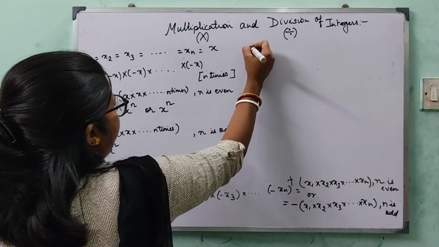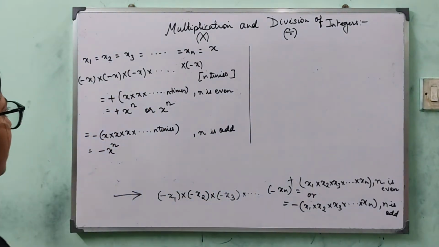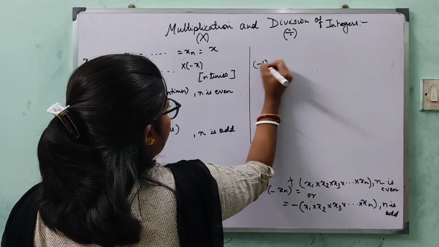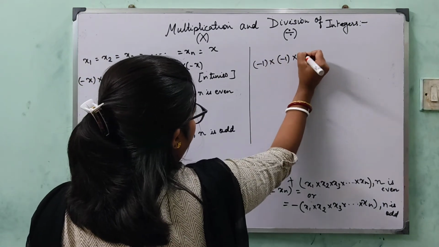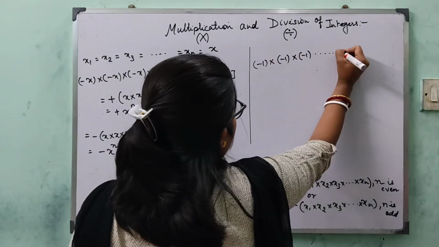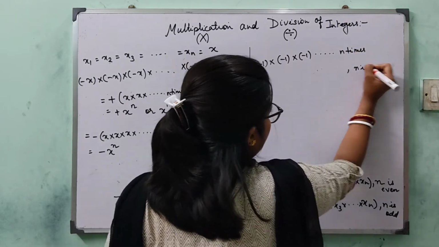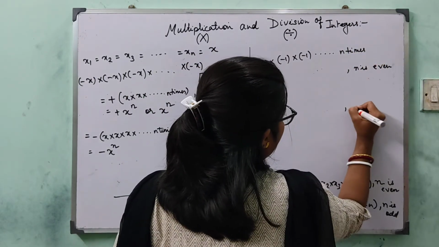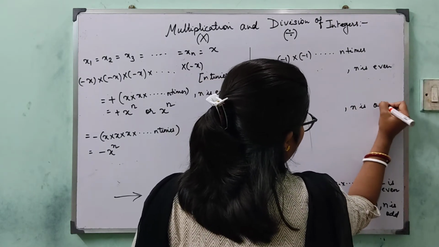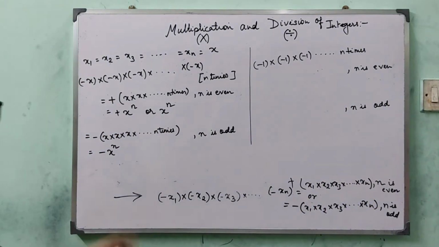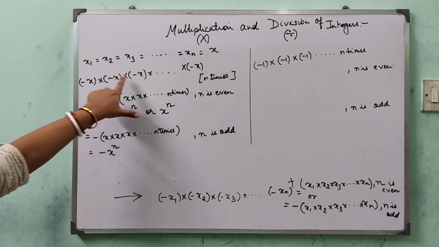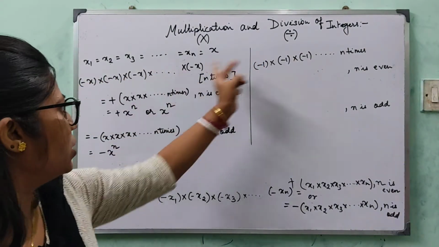Using more of this, now if in case we use x as minus 1, minus 1 into minus 1 into minus 1, n times, n is even, n is odd. Same pattern I am following.